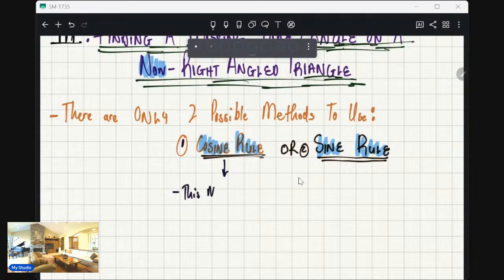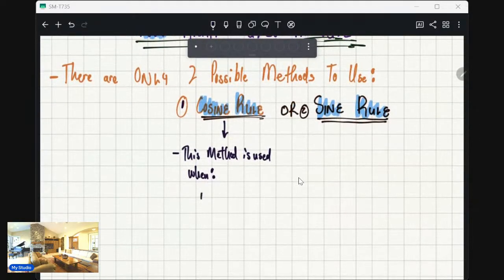This method is used when... write this, then I'll go to questions. You're going to see with questions.